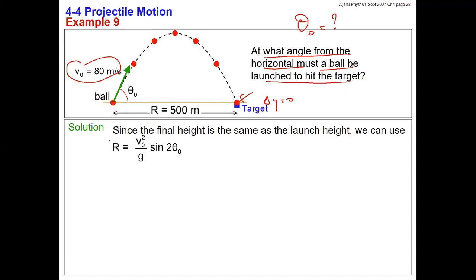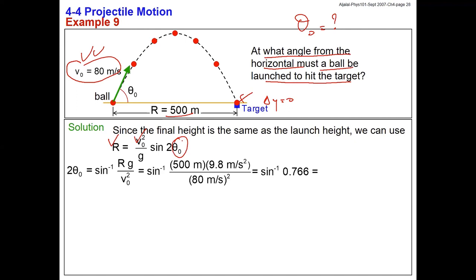So here, what do I know? I know R, 500. I know V naught, 80 meters per second. The only unknown is theta. So I just take the arc sine or sine inverse of this number, then I will get my theta. Using my calculator, it will give me 50 degrees.